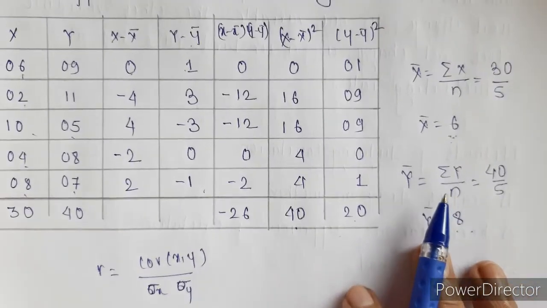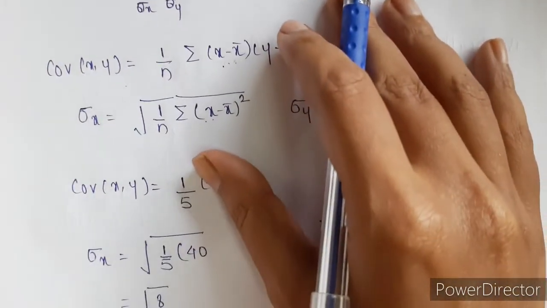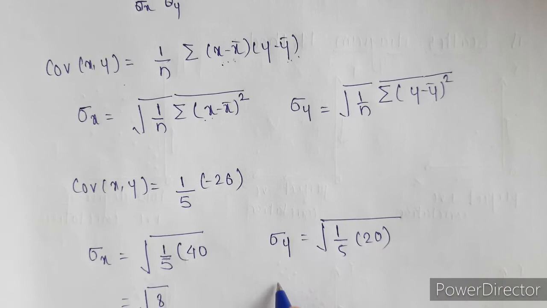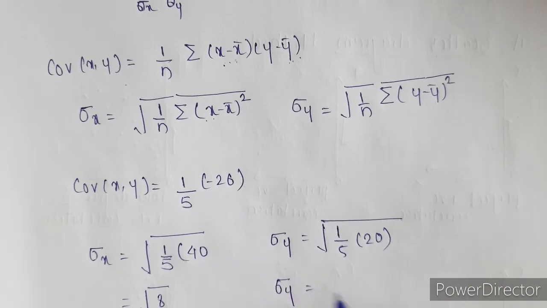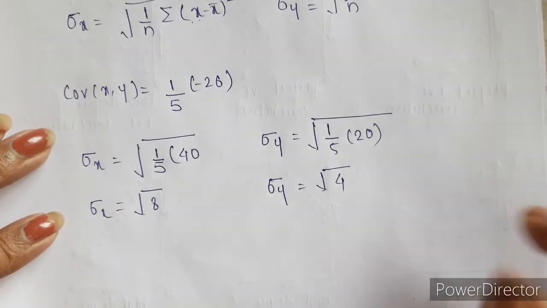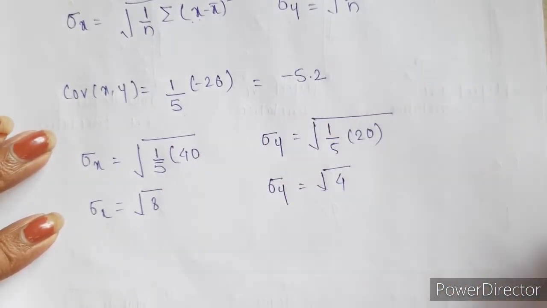I am substituting that here. Okay. So sigma y is going to be nothing but 2, and sigma x is root of 8.